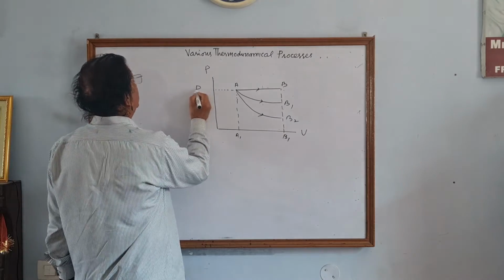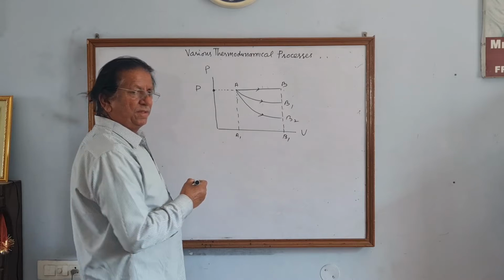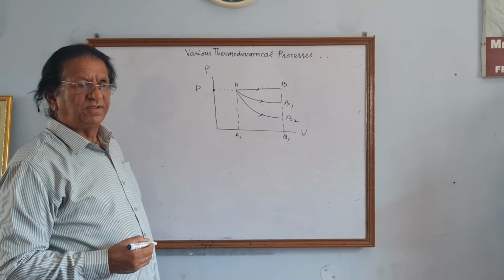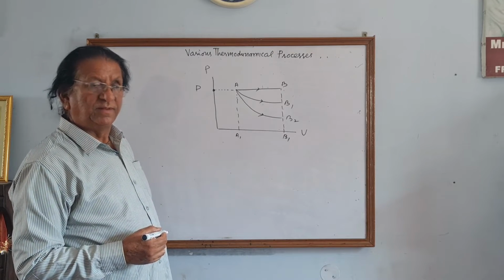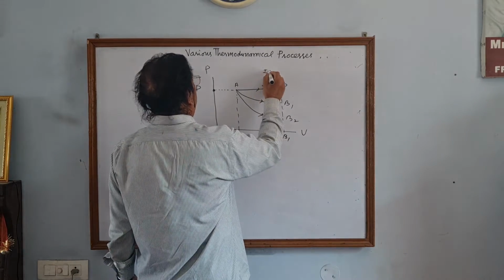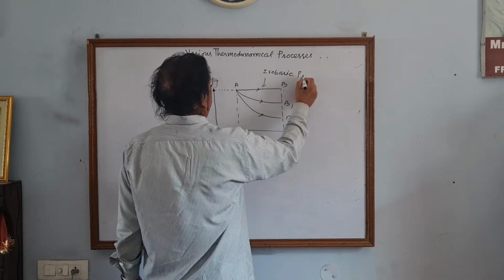That means its pressure is constant. Out of various processes, in which process is pressure kept constant? A to B isobaric. So this indicates an isobaric process.